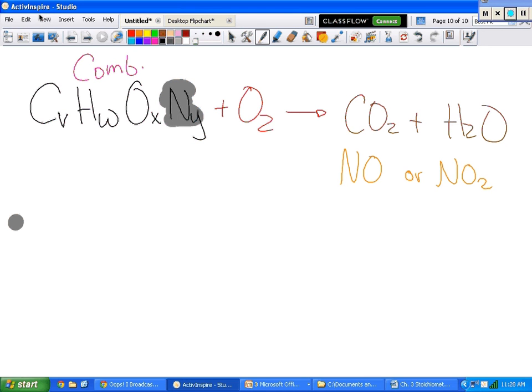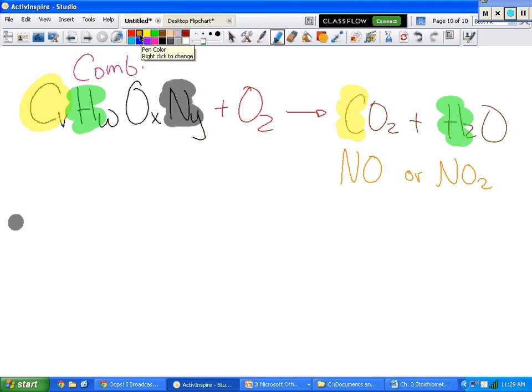So if I have a certain amount of carbon here, is it the exact same amount over here? Yes. So if you know how much carbon dioxide you have, could you find out how much carbon is present? Yes. My second question, how can I find how much hydrogen I have in my original amount? Water. So if I know how much hydrogen I have in my water, can I find out how much I have of hydrogen? Yes.